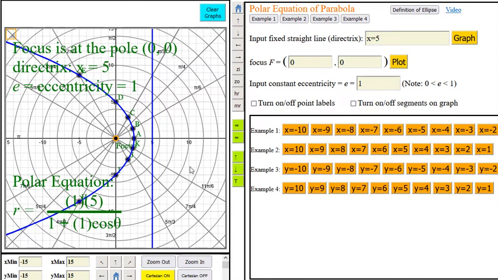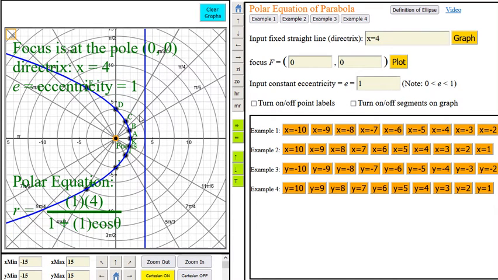Directrix x equal to 5, we get a 5 here. Directrix x equal to 4, then we have a 4 here, and then 1 plus cosine. The difference is that when the parabola opens to the right, it's 1 minus cosine of theta, but if it opens to the left, it's 1 plus cosine of theta.